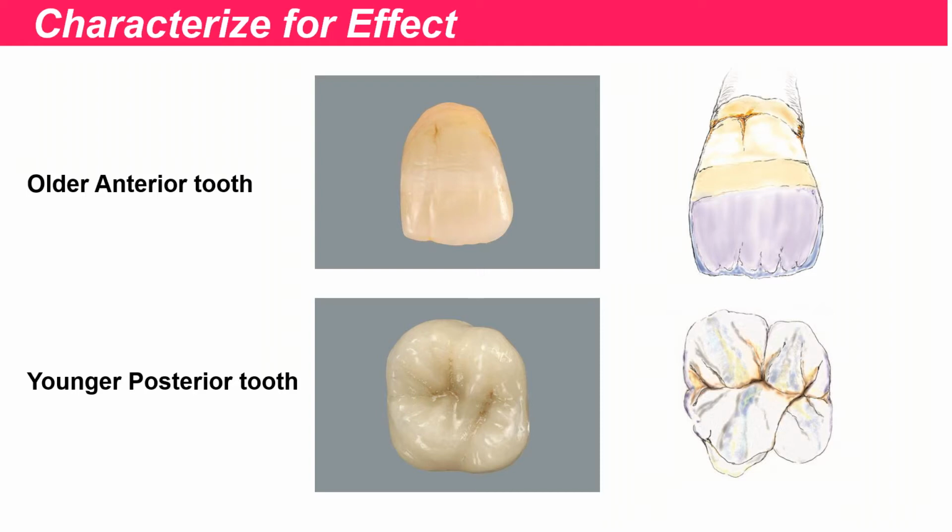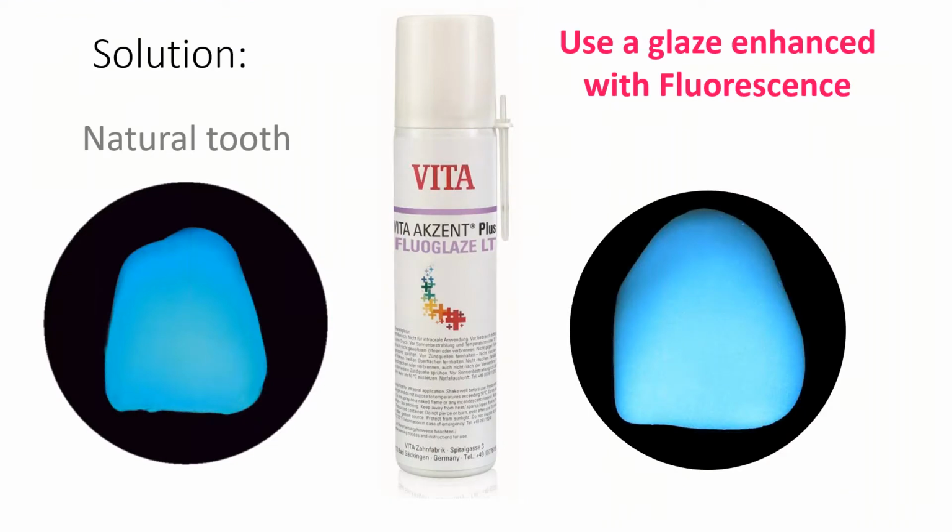But to bring it back around to our black hole, our dead tooth looking, especially under fluorescence, we're going to finish it off with our floral glaze, which has a lot of fluorescence built into it to give us that natural tooth look. Okay, so what all does that look like?